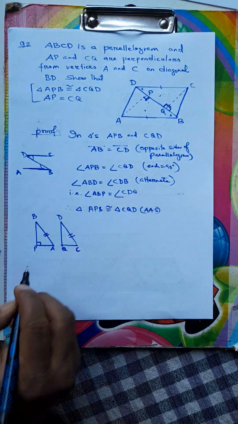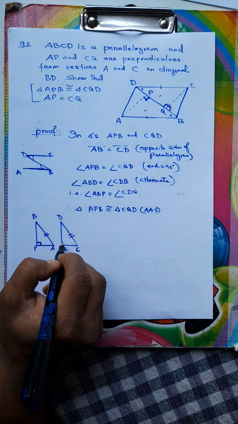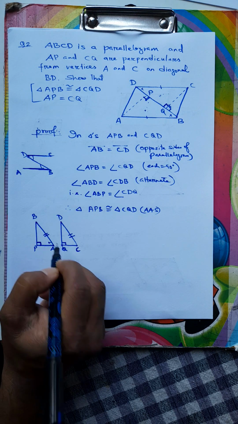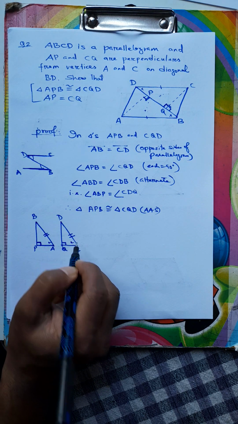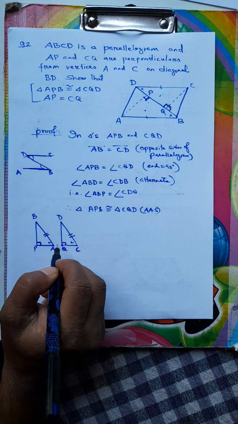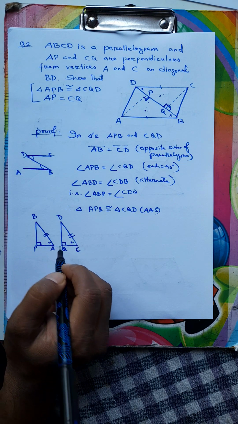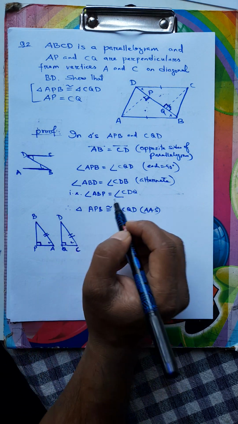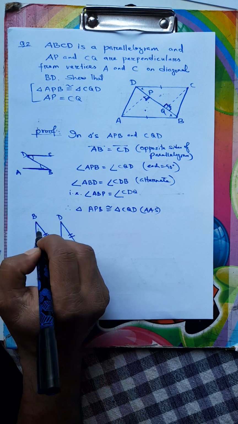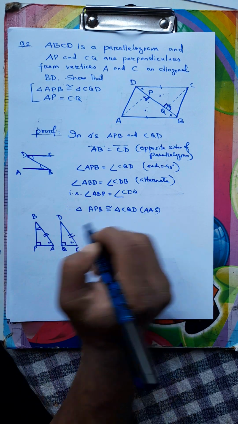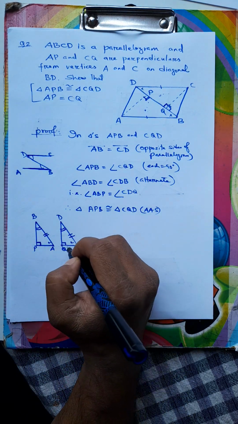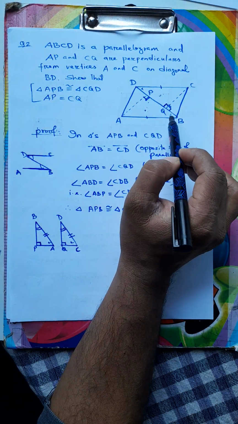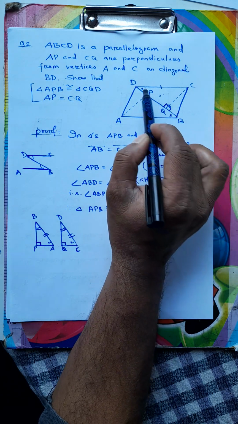Then these two angles are right angles. Then angle ABP equals angle CDQ. These two angles are alternate angles, since these two sides are parallel and BD is a transversal. These two angles are equal.